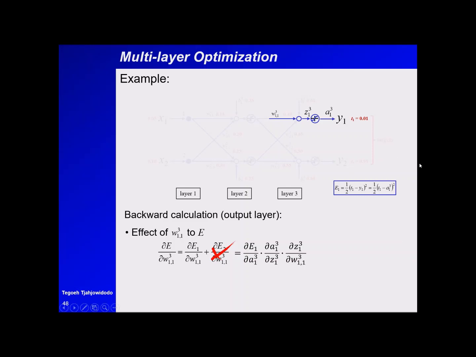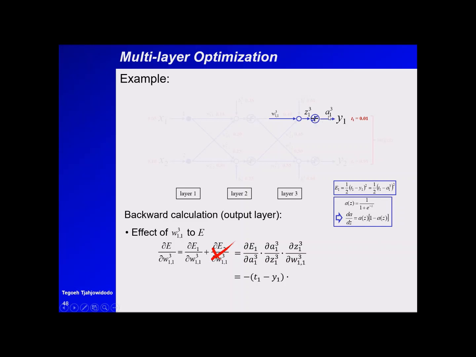Because the expression of E1, the error one, is like this, as I have already discussed just now, you can calculate the first derivative of E1 with respect to A13 easily. It will be like this, right? We have already discussed that. And then for the second term here, we have to take a look at this function. A13 appears as a function of Z13, right? Z13 is the input of this activation function.